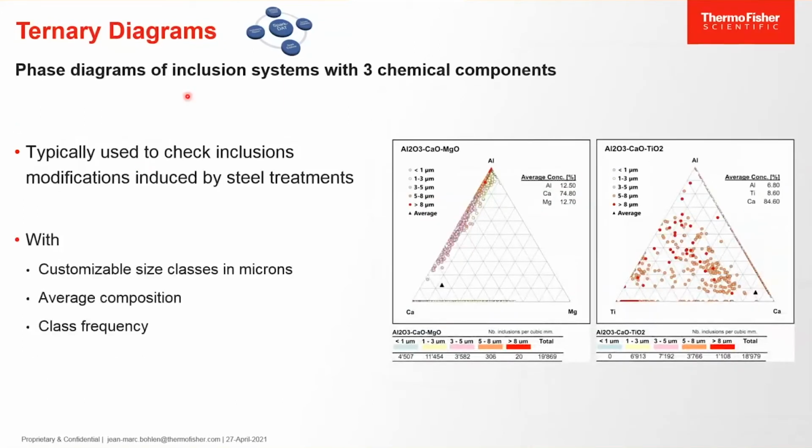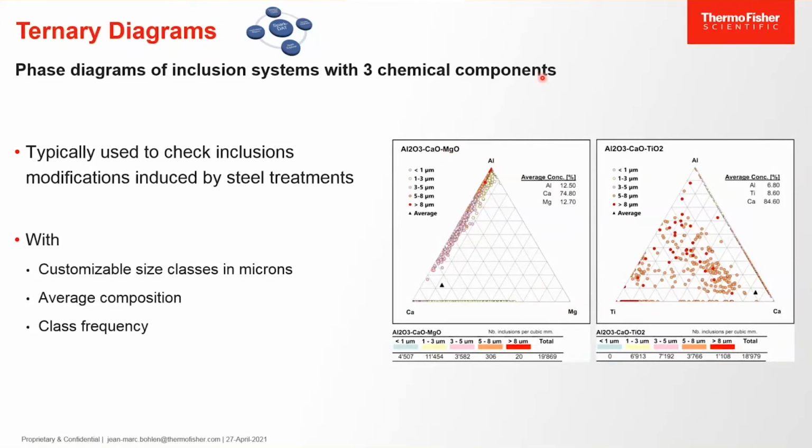I mentioned the ternary diagram, so phase diagrams of inclusion systems with 3 chemical components, for example, aluminum oxide, calcium oxide, and magnesium oxide. So these 3 compounds are on the corners of the triangle. These kinds of diagrams are frequently used to check inclusion modification induced by steel treatment.